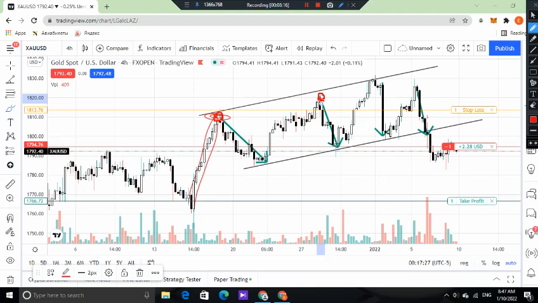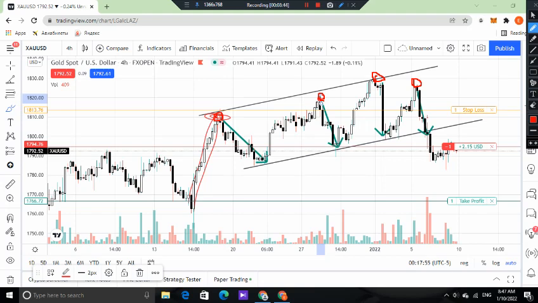When we consider these tops and compare them to each other, in an uptrend they should be higher than prior tops, so we expect to see higher tops, not lower tops.